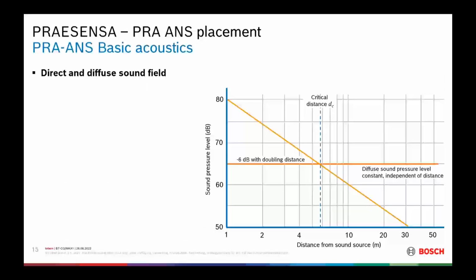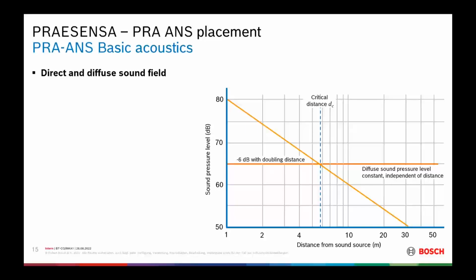When we look into this behavior, and we said again, in a kind of ideal room where all these reflections contribute from all directions in the same way, theoretically we would have our diffuse sound field at a certain level, depending on how many reflections we get, and it should be equally loud everywhere in the room, as long as I do not get too close to my sound source.